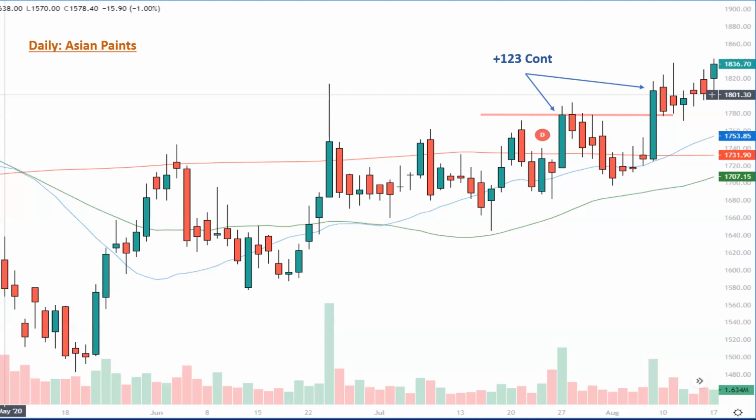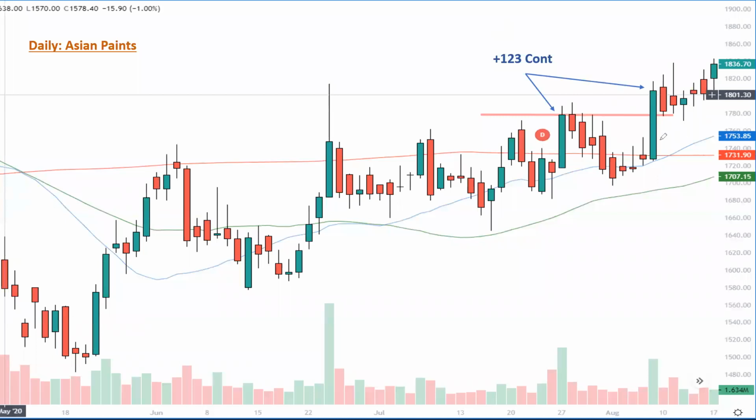And if you see, the third and the continuation bar has taken out the high of the WRB. So the moment it has taken out the high of the WRB, we are into the trade, right? And as I said, let me just try to find some drawing tool here. Okay.